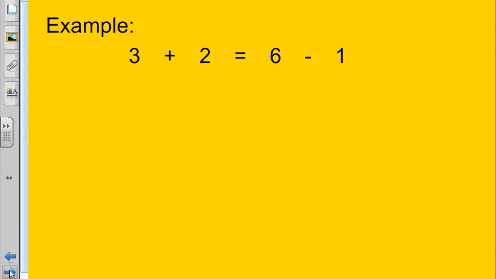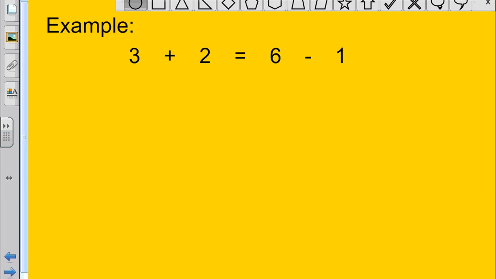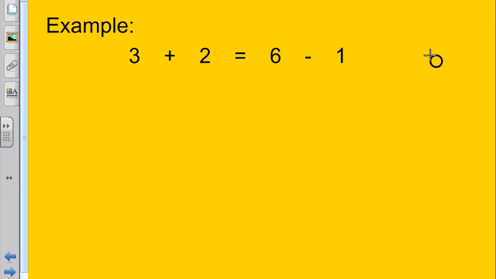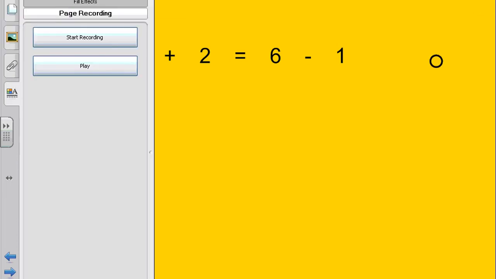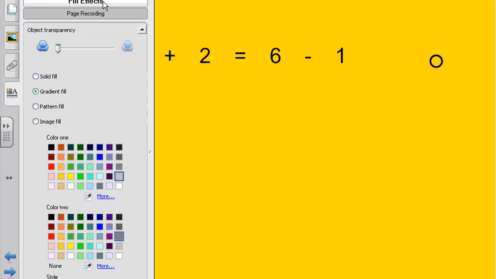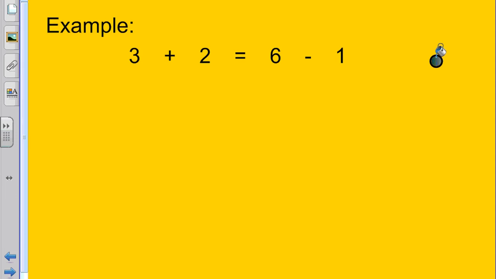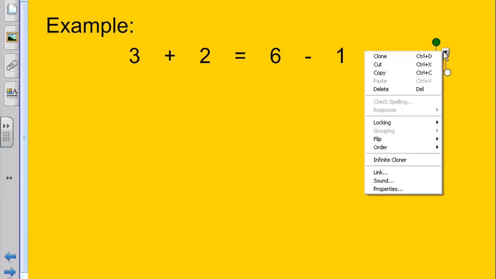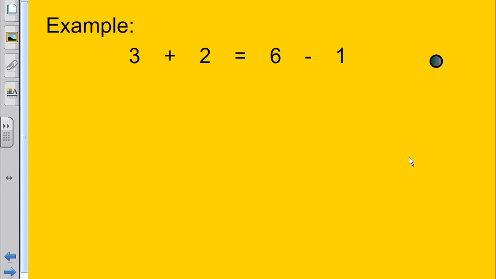3 plus 2 equals 6 minus 1. Colby, what am I going to show for this? 3 by 3. Okay, give me a second to make some magic here. What color do you want this, Colby? Green.